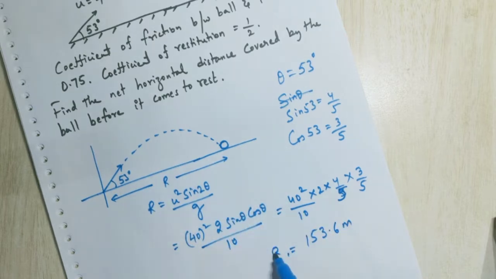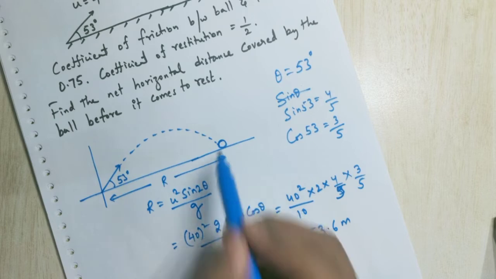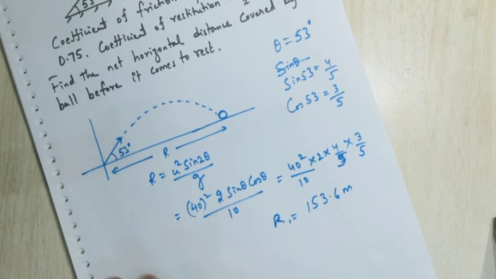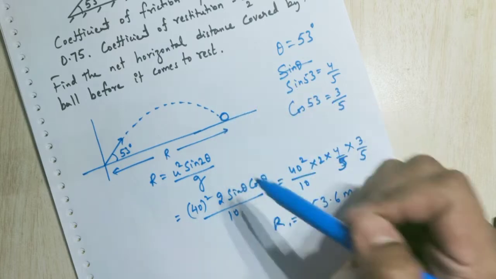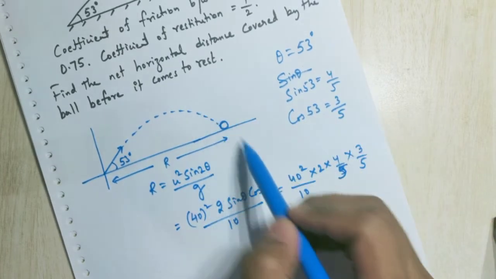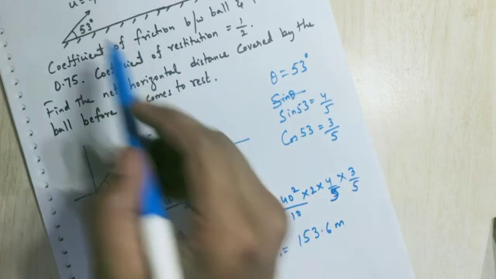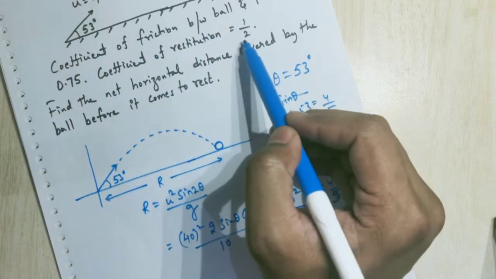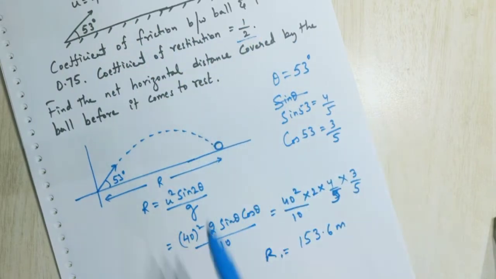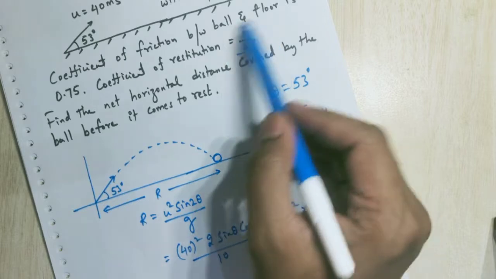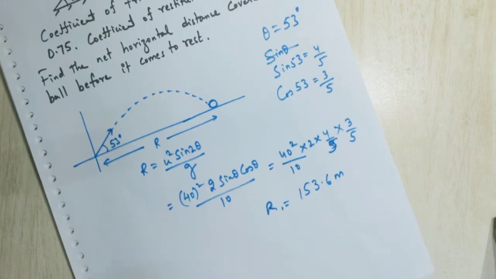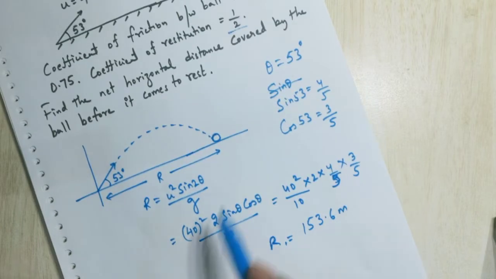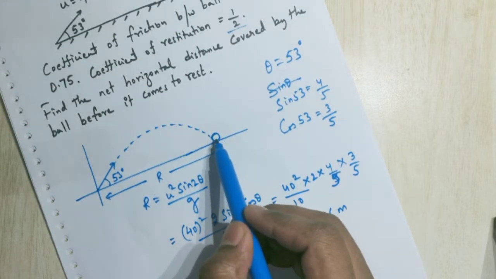So after this much distance the ball again hits the ground. After hitting the ground it will again rebound because it will hit the ground with some velocity, and we already have the coefficient of restitution, so you can substitute the formula for coefficient of restitution and find out the velocity of rebound.